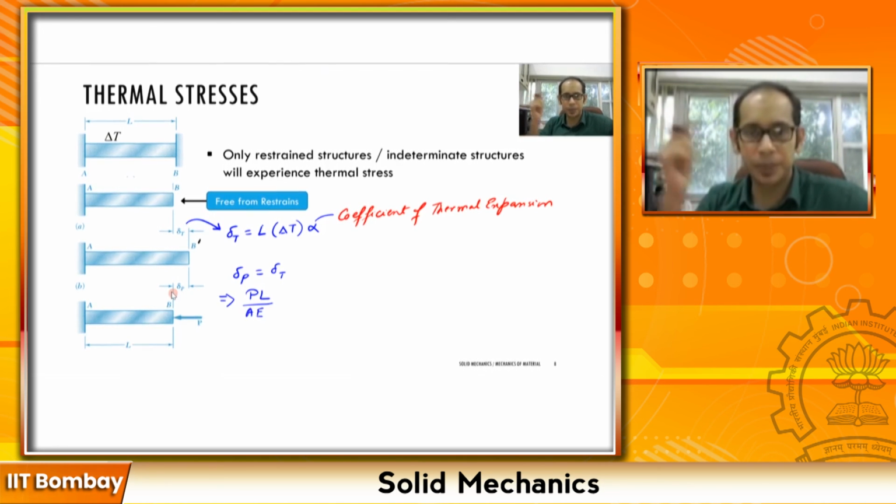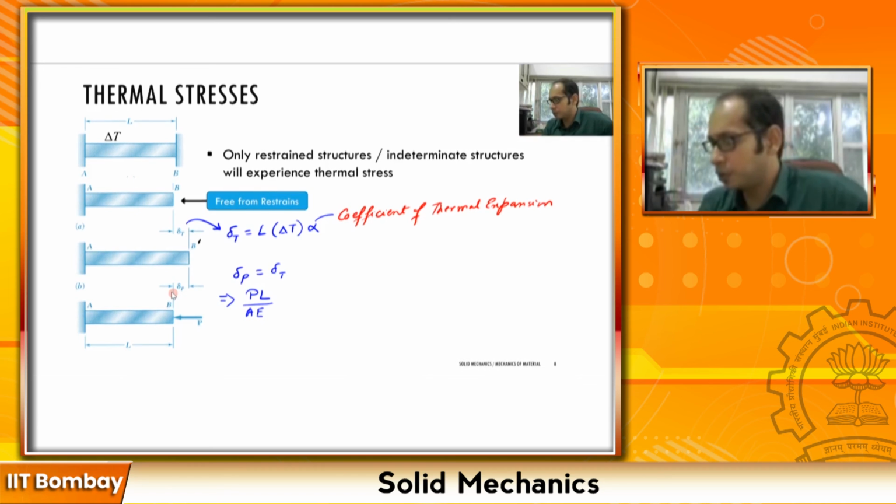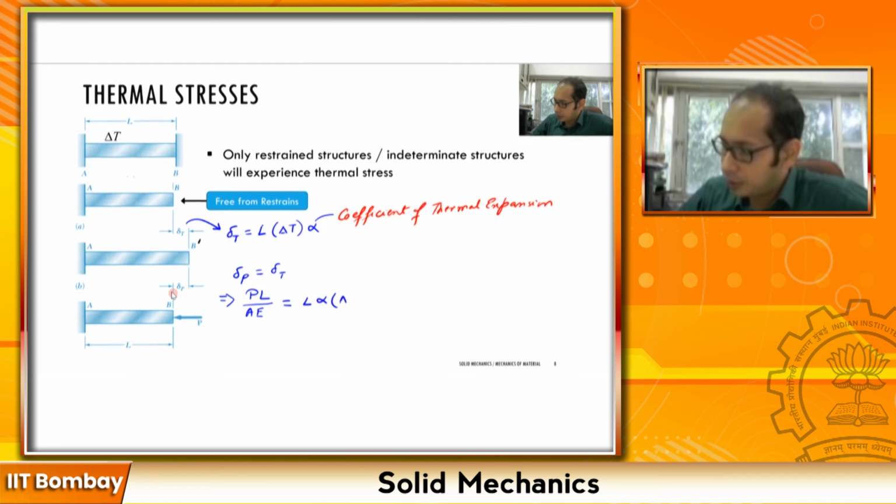Over here, it's a compressive force, but since I've taken care of the direction by pointing that P towards the left, PL divided by AE must equal this delta T, which I've already written above. It is going to be L alpha delta T. So how do I find this force P? Simple. If you look at this equation, this L and this L cancel out.